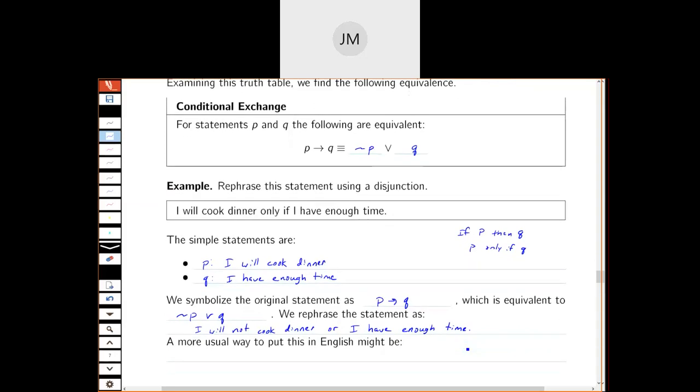A way that we would more commonly see this written in English, I don't think I've ever heard somebody say the words, I will not cook dinner or I have enough time. A way that would be maybe more common to phrase this would be, I will not cook dinner unless I have enough time.